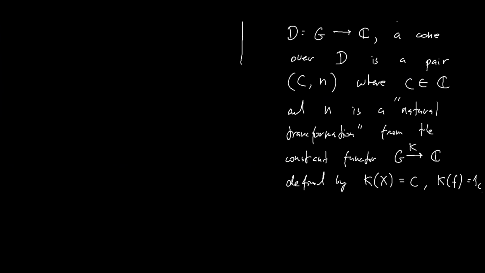So it's a natural transformation from this constant functor to the functor, to the diagram D.